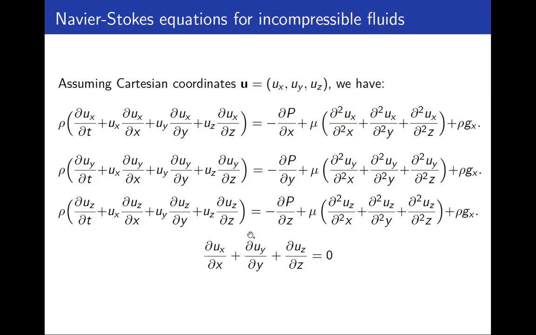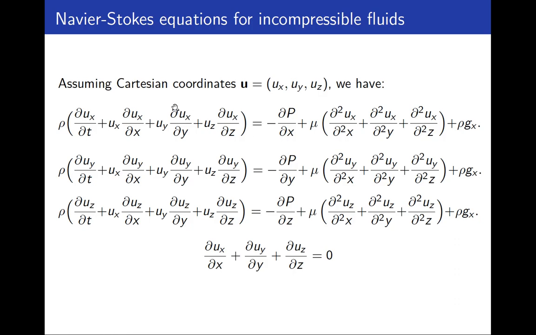And then let's assume Cartesian coordinates. That means that we have components of the velocity in x, y, and z directions, and we obtain this system of equations that you can see.